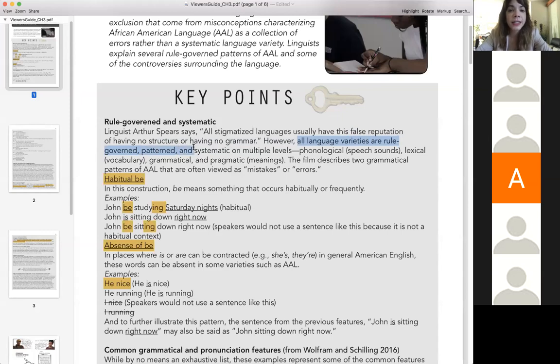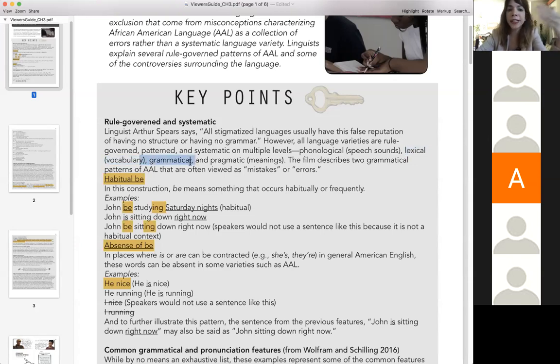Our patterns have a system on multiple levels. What multiple levels are we talking about? Phonology, speech sounds. So they all have specific sounds. Lexicon, vocabulary. Como Puerto Rican Spanish, we have our own vocabulary based on Spain, indigenous languages, and our African heritage.